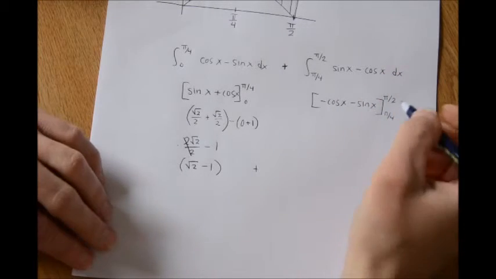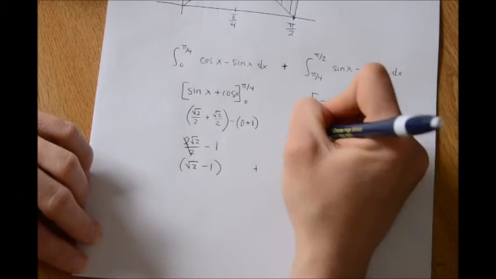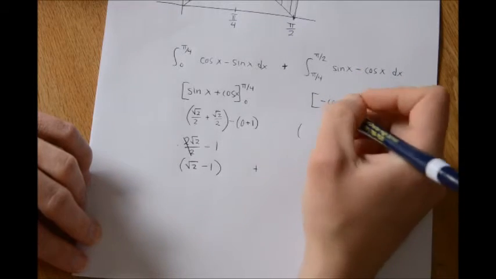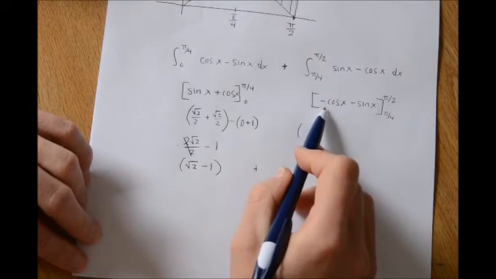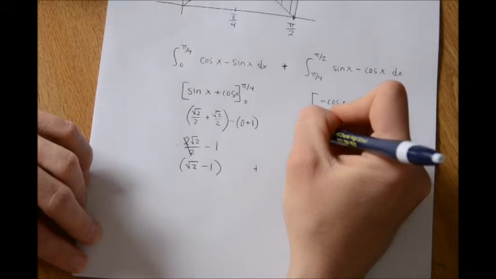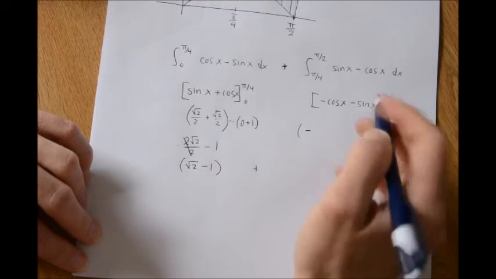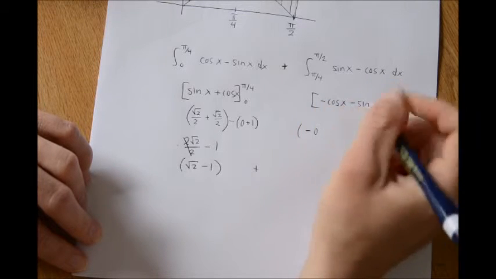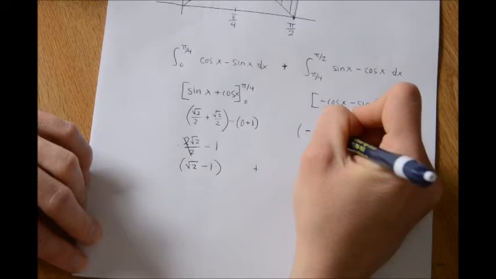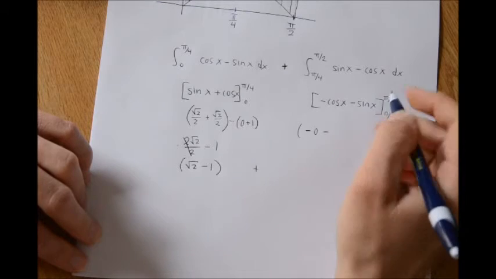So now we need to evaluate at pi halves. We have negative cosine at pi halves, which is 0, minus the sine at pi halves, which is 1.